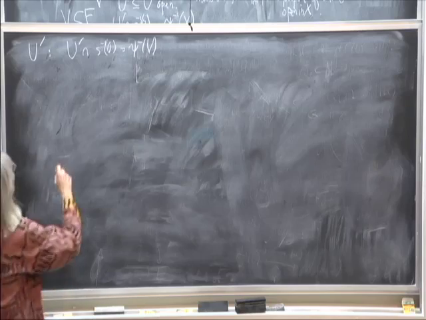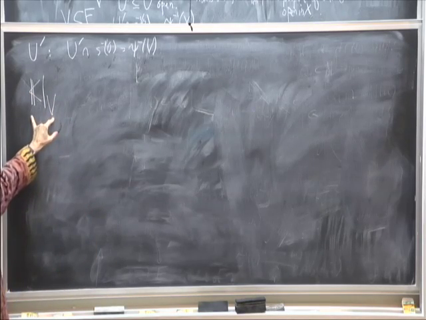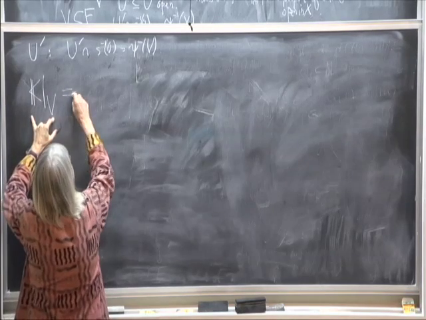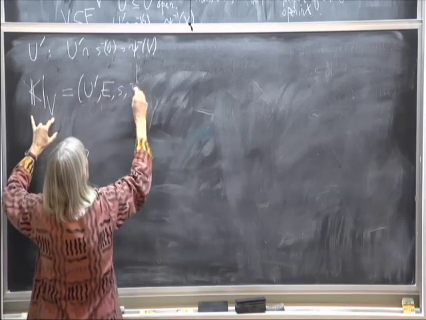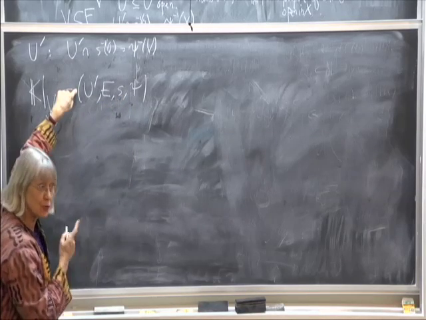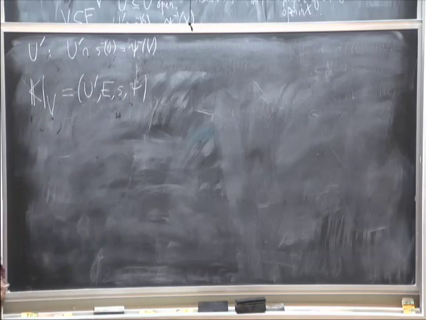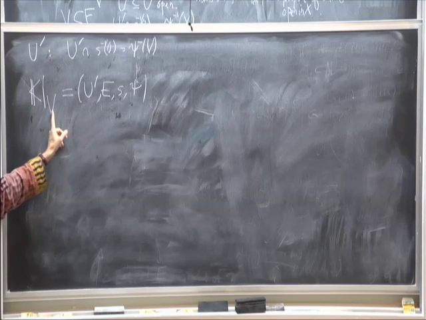When we take, say, K restricted to V, normally when you do a restriction map, you think there's a unique restriction. But here there is not a unique restriction, because we've got U prime, E, S, and psi. All these are given by restriction, but U prime you have to choose. V is just some subset of the footprint.